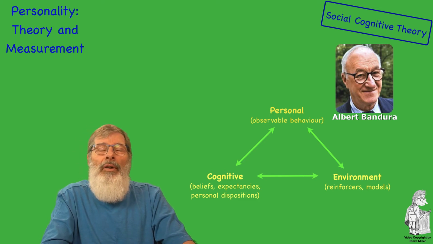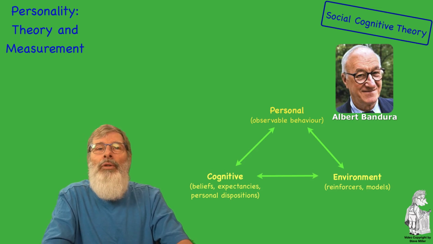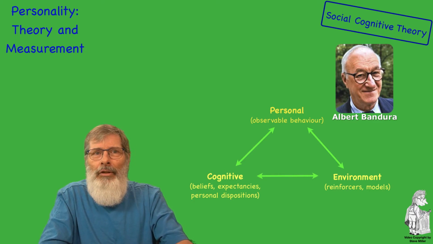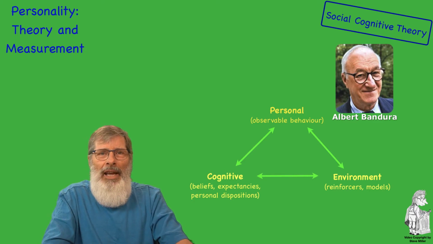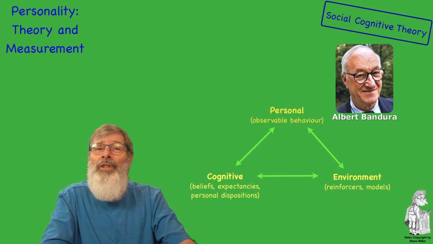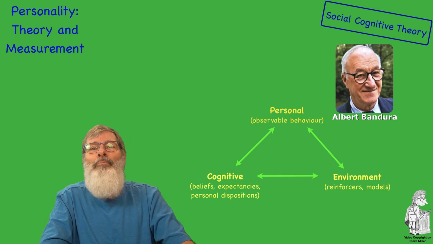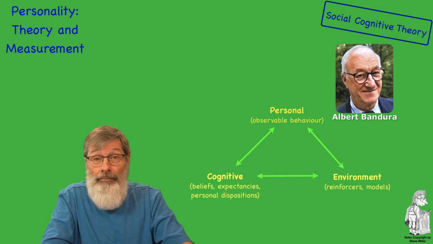One of the primary theoretical investigators here, Albert Bandura, called this relationship reciprocal determination. The external environment, behavior, and personal cognitive factors are the three components of reciprocal determination, each influencing and being influenced by the others.